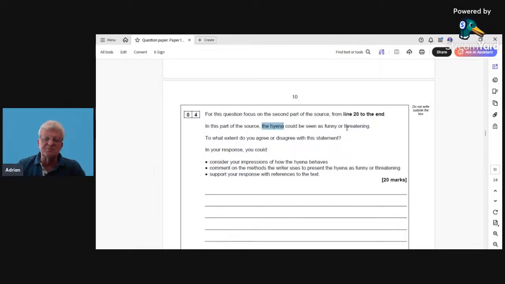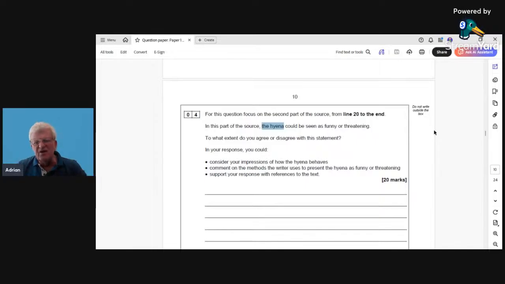It's sometimes a mixture, and the way the writer writes is very clever, because the writer who describes the threatening behavior of the hyena also shows elements of it that are quite unusual, and that affects the way we will approach the statement.